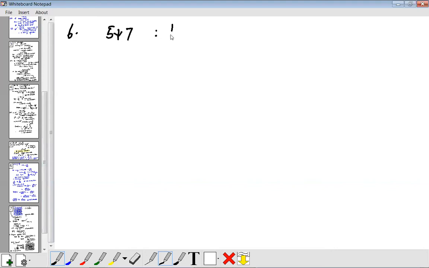That means LCM of 5 and 7. Do you know how much is LCM of 5 and 7? Just multiply them. 35.